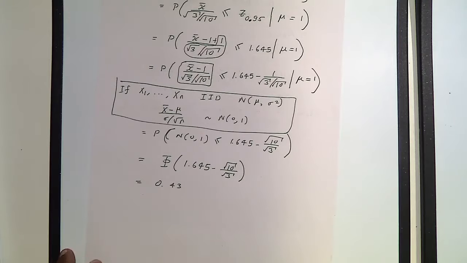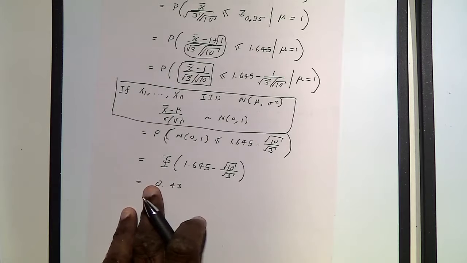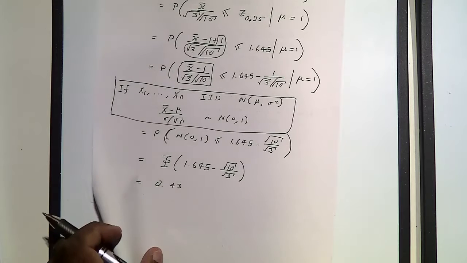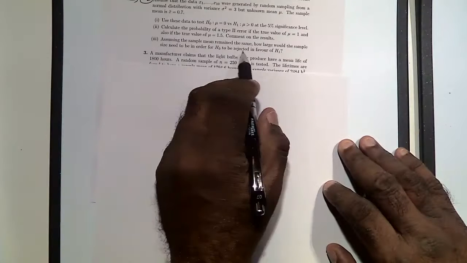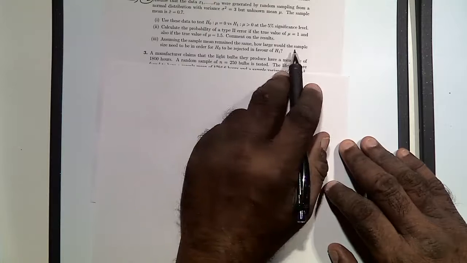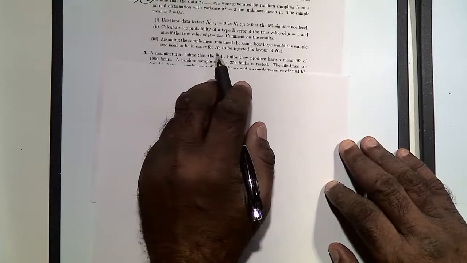So this is part 2. Are you okay with this, guys? Now let's go to part 3 of question 2, which is asking: assuming the mean is the same, how large does the sample size need to be in order for H0 to be rejected in favor of H1?